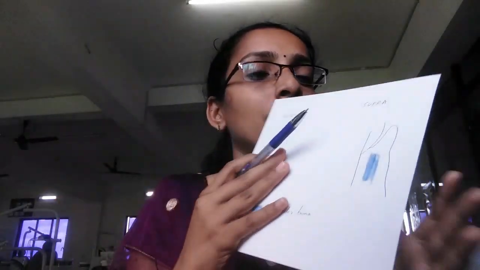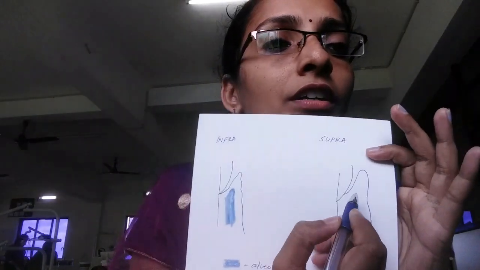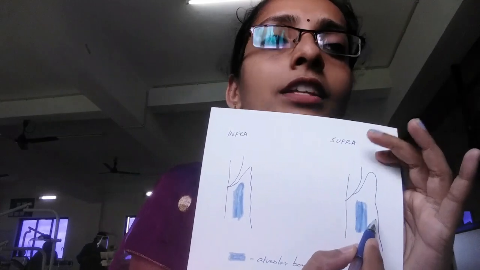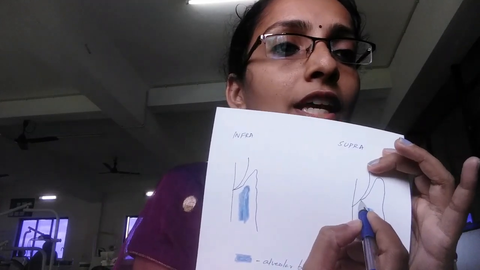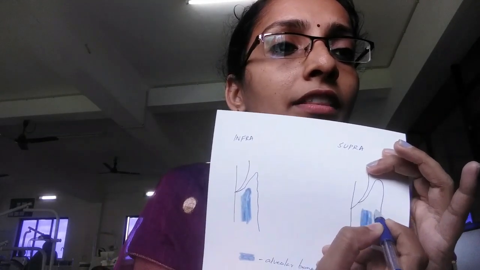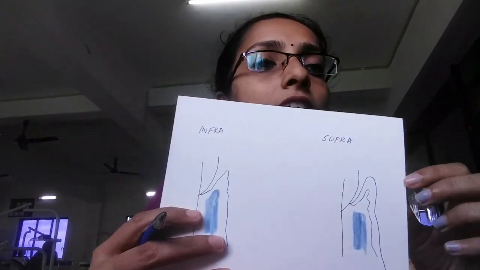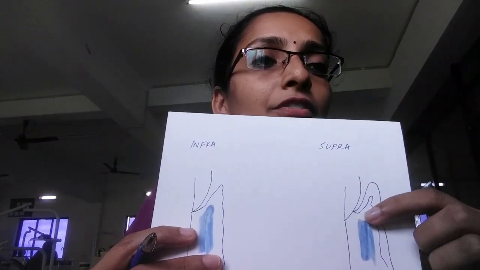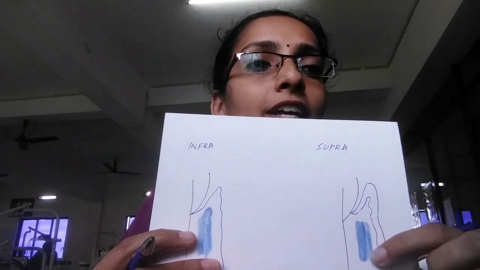Before I talk about the histopathology, I should have shown you. Okay, I'll just show it to you over here. Now this is the periodontal pocket. This much you must have understood, no? So there is this epithelial layer and then there is a connective tissue layer. I'll just draw over here. So this is the epithelial layer and this is the connective tissue. Okay, and then here is your alveolar bone.